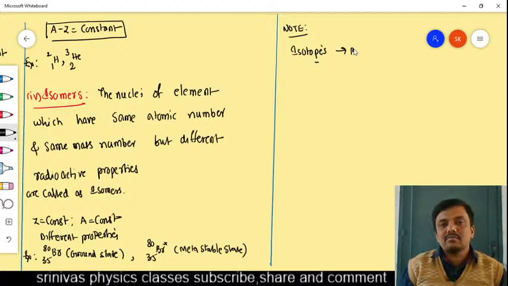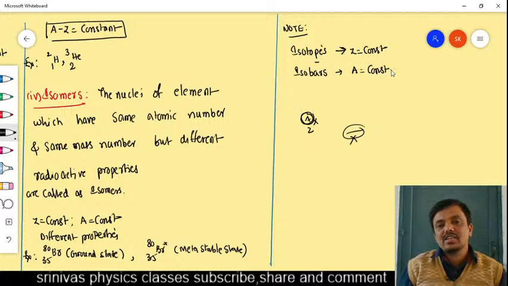The number of protons is Z, so Z is constant. Isobars: bar is just for a certain element, the top one is A bar. You write bar like this at the top. Remember A is the same here. Isobars means A is constant, the mass number should be constant.